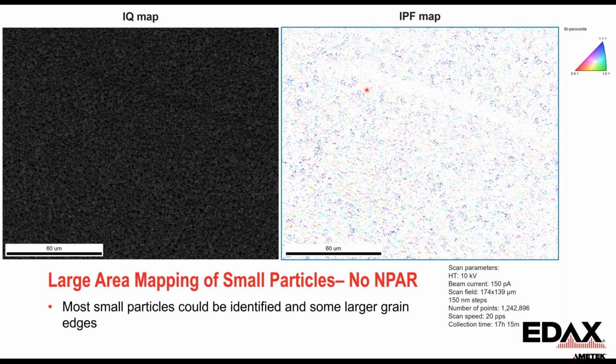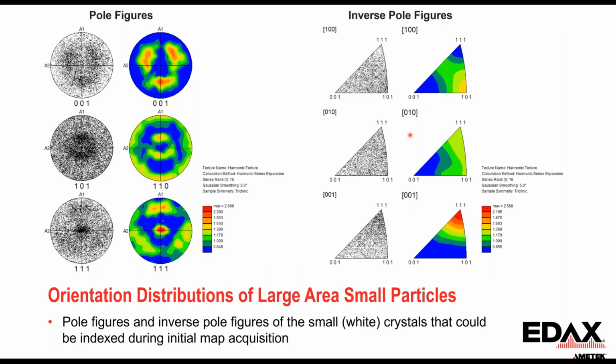This is looking again just at the original data, the non-NPAR data, for the smaller particles. Again, you can see the general trend for the grain shadows, for lack of a better word, of where things are oriented, and we compare that for the orientations. We see that those small grains produce a preferred orientation.